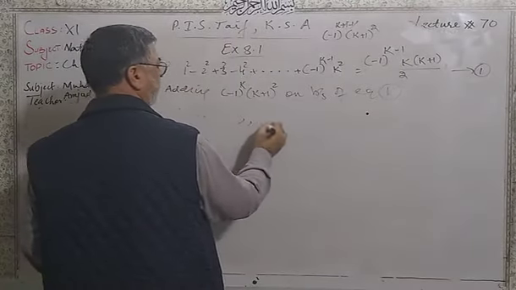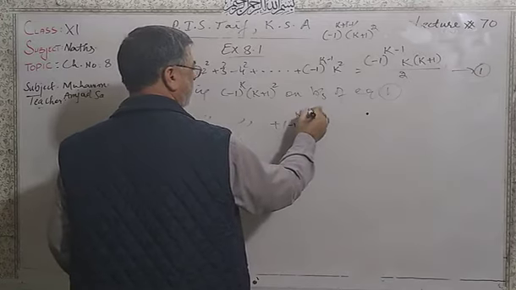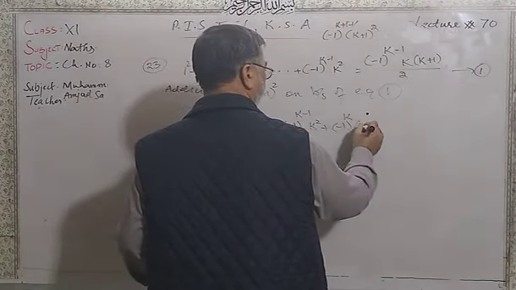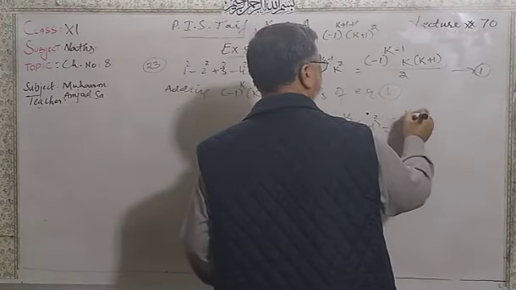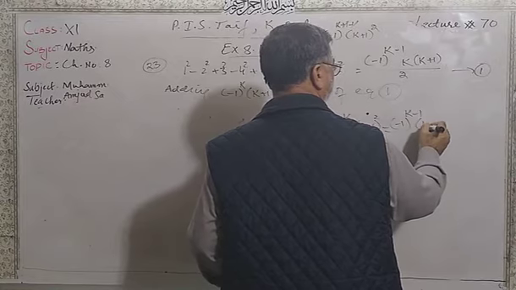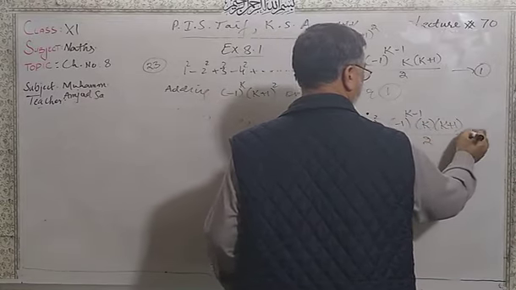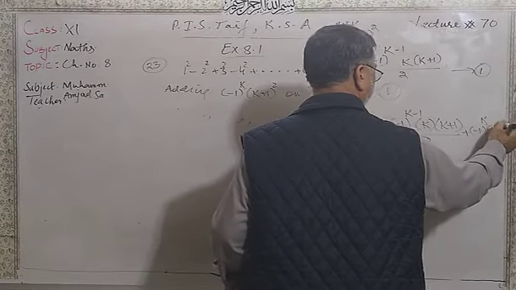Here we will have (−1)^(k−1) k² + (−1)^k (k+1)² = (−1)^(k−1) k(k+1)/2 + (−1)^k (k+1)².